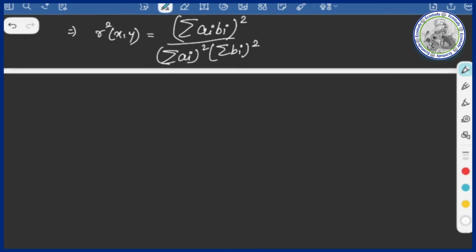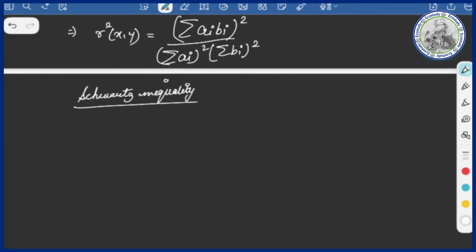Now we use the Schwartz inequality. Schwartz inequality is used to make the relationships between the 2 variables x and y. This inequality is not very important from your exam point of view, because we use it in statistics to prove some of the relations.